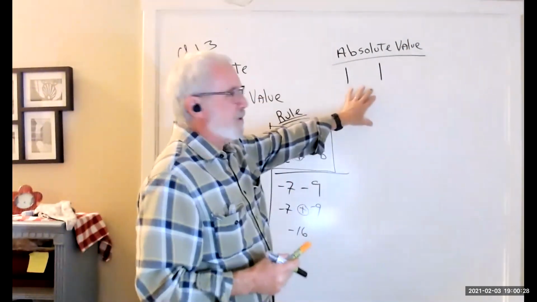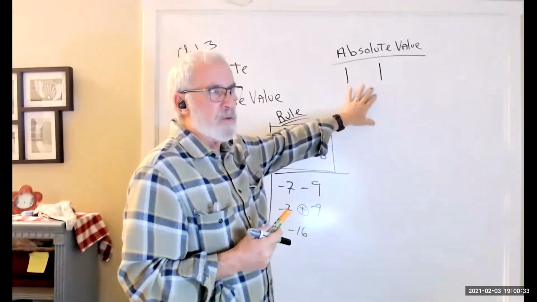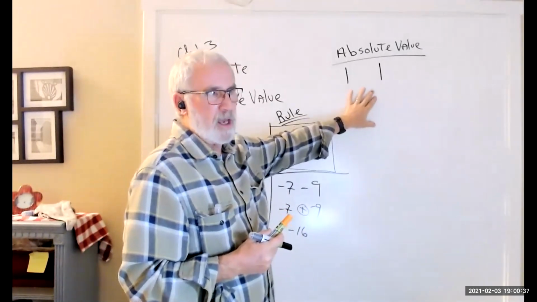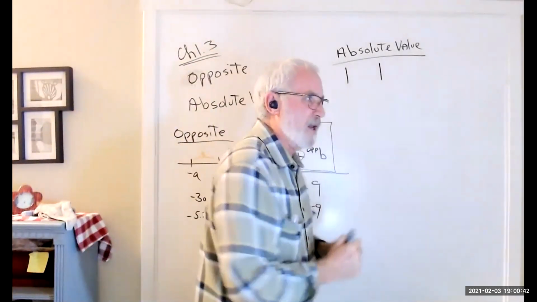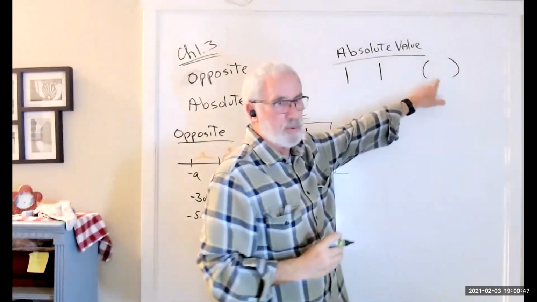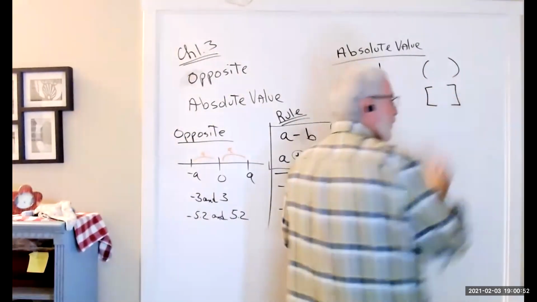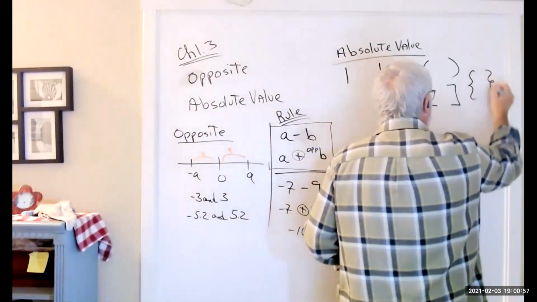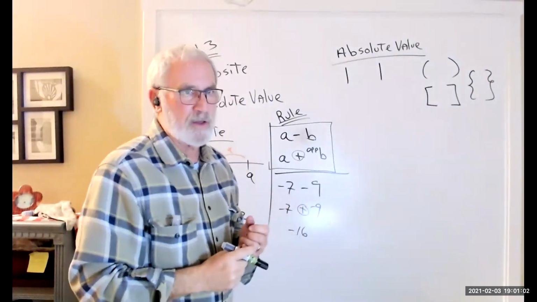In math, one of my jobs is to introduce all these really weird math symbols, and they all have meaning, especially meaning in context. So this is an aside. These absolute value symbols are not the same as a parenthesis. They're not the same as brackets. They're not the same as braces. All of these have special meaning to us in mathematics.